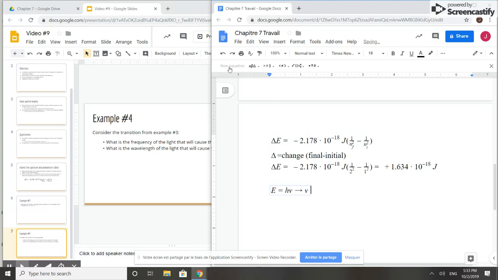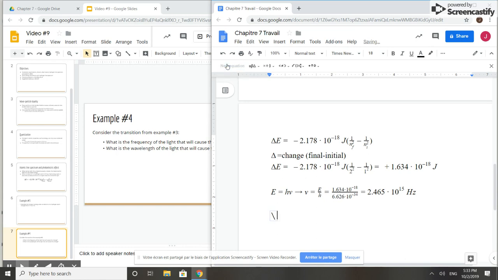I'm looking for frequency here, and then I just plug right in. So I get 2.465 times 10 to the 15th hertz.